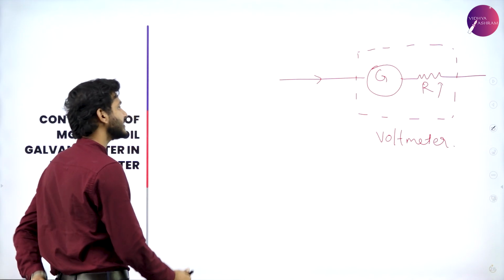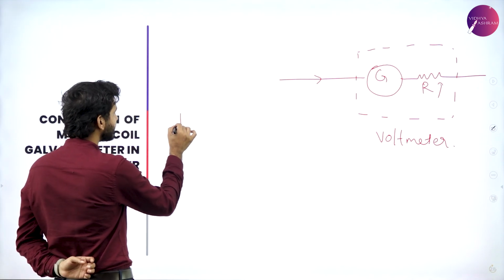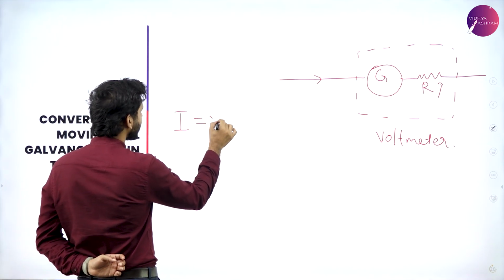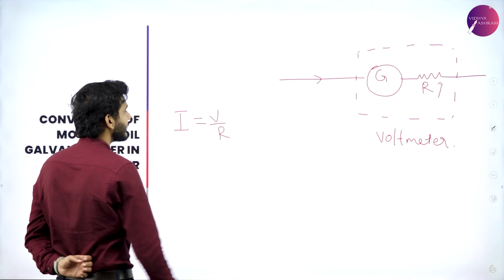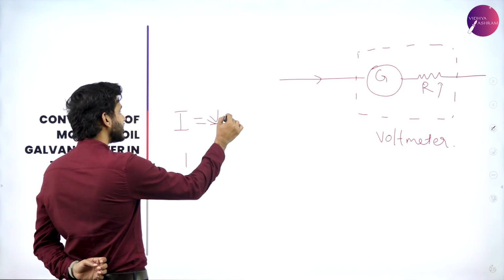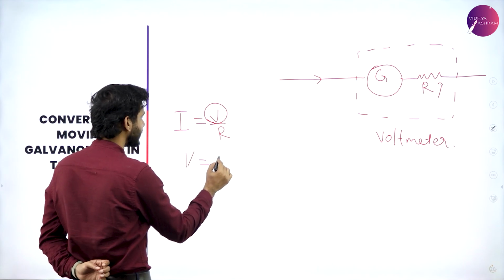From Ohm's law again, I is equal to V by R, or V is equal to IR.